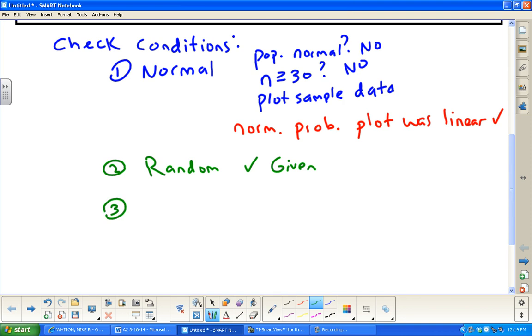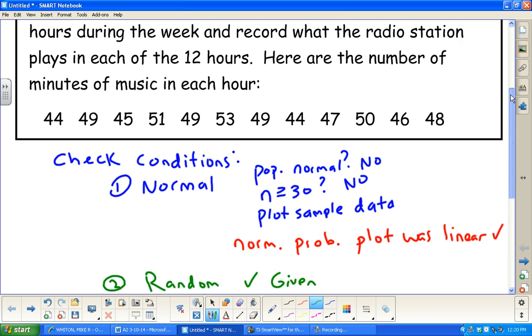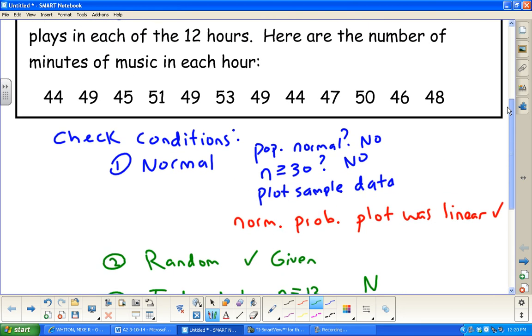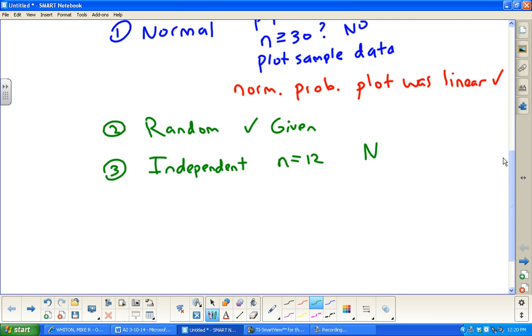And then the independent condition. Independent deals with do we have a large enough population size, and in our case our sample size is 12. This was talking about a given week, I believe. Yeah, it was all about in a week, so there are more than 12 times 10 hours in a week.